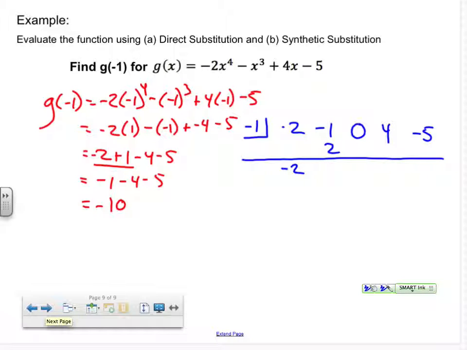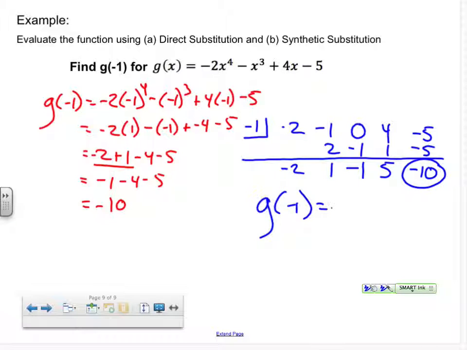Multiply, we get 2. Add, we get 1. Multiply, we get -1. Add, we get -1. Multiply, we get 1. Add, we get 5. Multiply, we get -5. Add, we get -10. G of -1 equals -10.